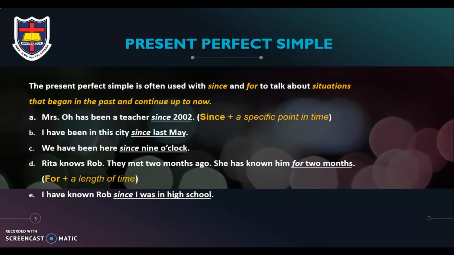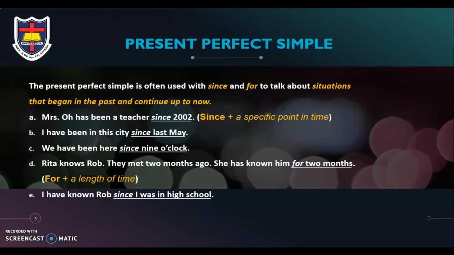Present perfect simple is often used with since and for to talk about situations that began in the past and continue up to now. We are going to get to know the difference between since and for. Look at some examples. Mrs. O has been a teacher since 2002.